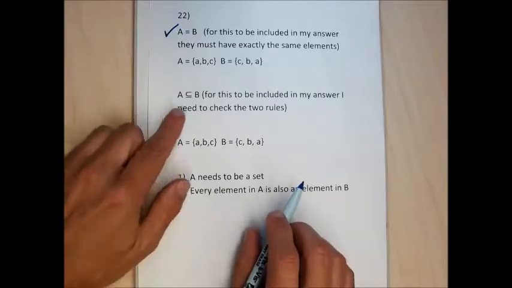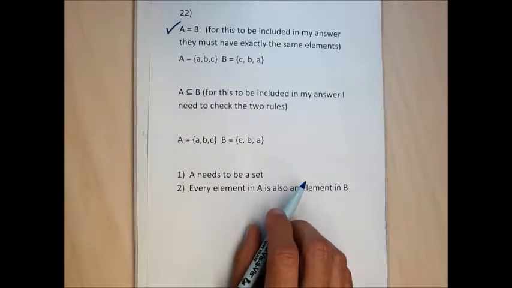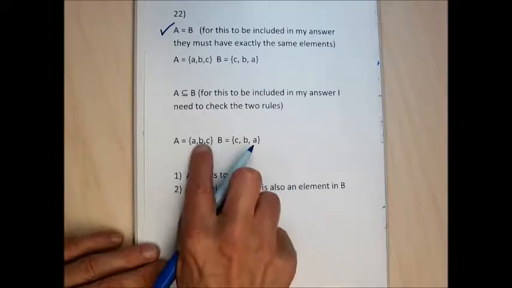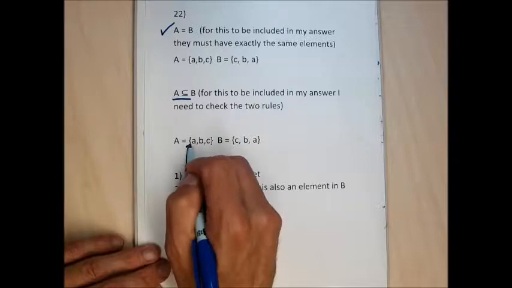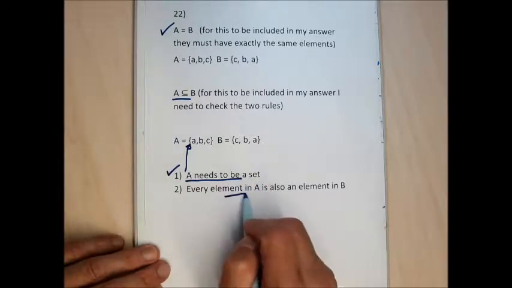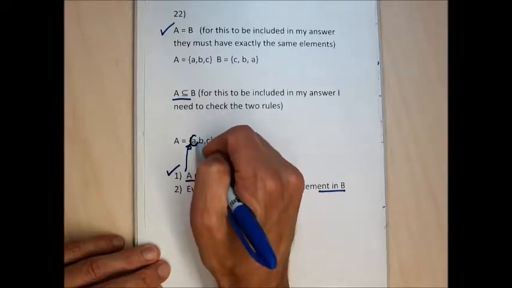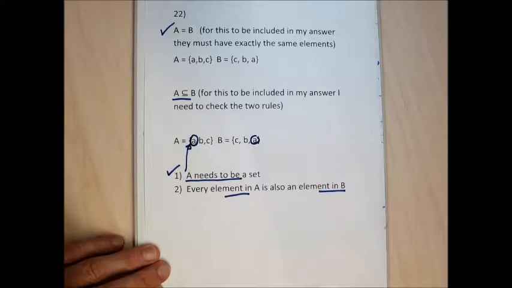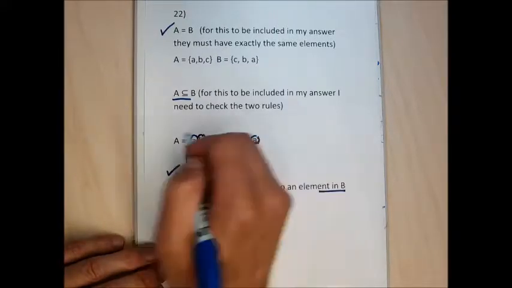The next thing I'm going to check to see is if A is a subset of B. For A to be a subset of B, there's only two rules. The first rule is A needs to be a set. It's in set braces, so it's a set. The second rule is every element in A needs to be in B. Well, let me see. A is in A. It's also in B, so we're good there. The second element of A, B, is also in B, so we're good there.